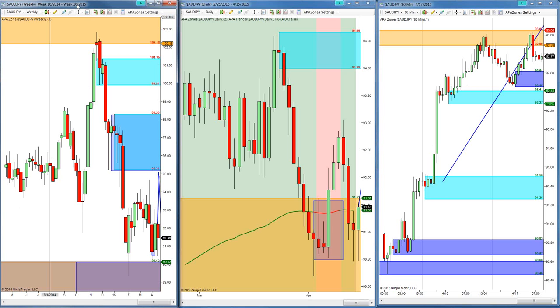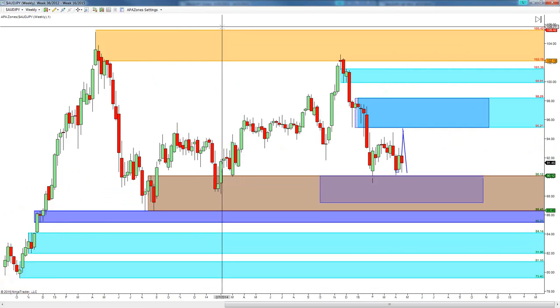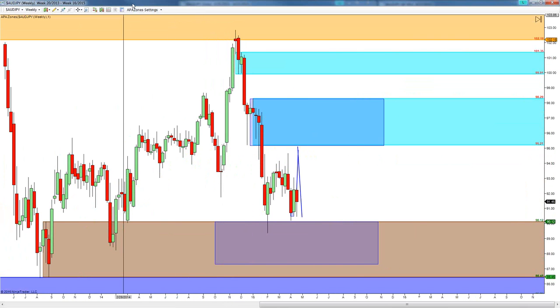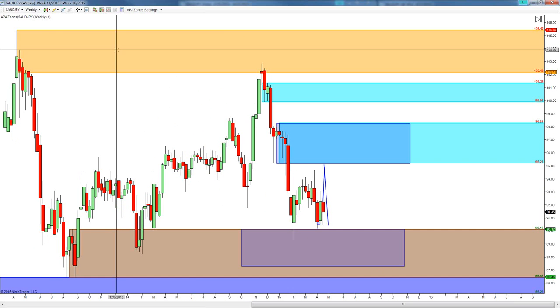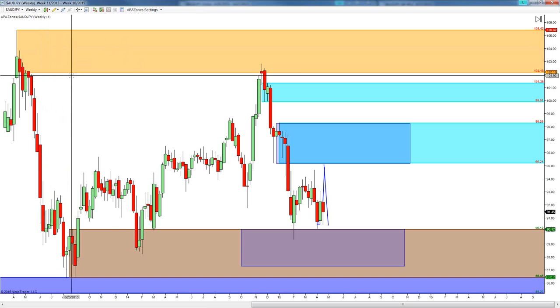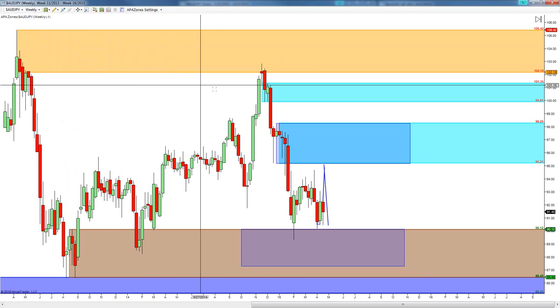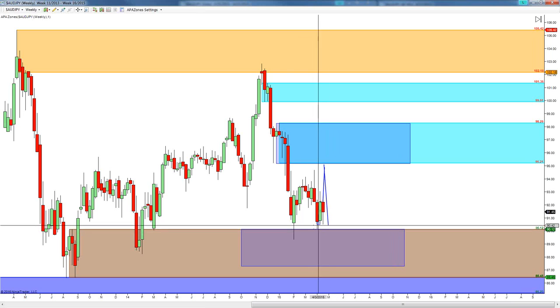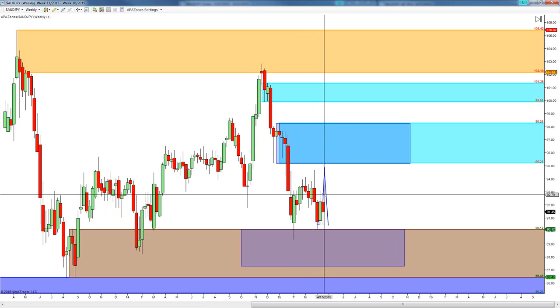First off, I'm going to assume that everybody has the APAZone software and is somewhat familiar with the idea of trading levels and things of that nature. So on the Aussie yen, we can see prices have been in a really big range here, and we've received the retest of this lower level.